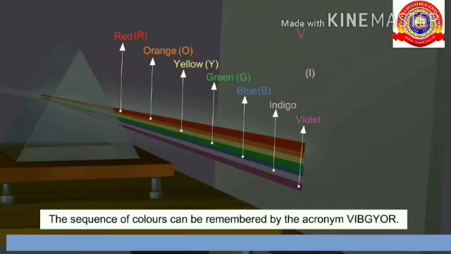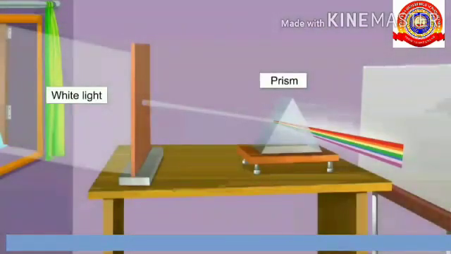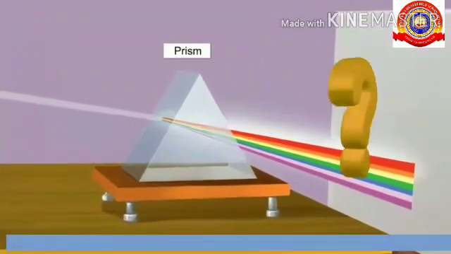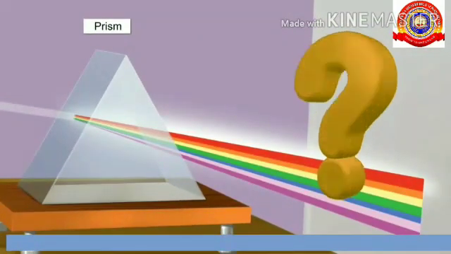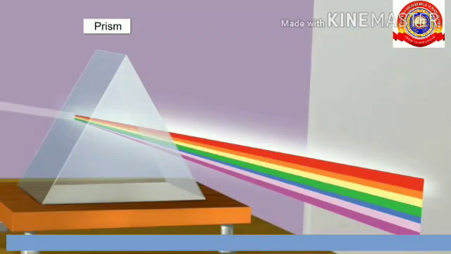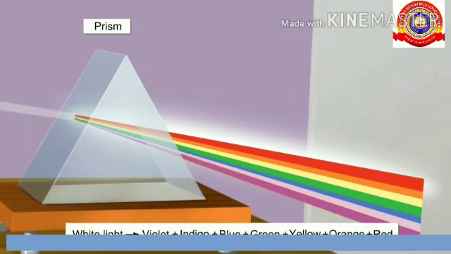The light coming from the sun was white light. From where do we get these colors? Do you know? Actually, white light consists of seven colors: violet, indigo, blue, green, yellow, orange, and red.